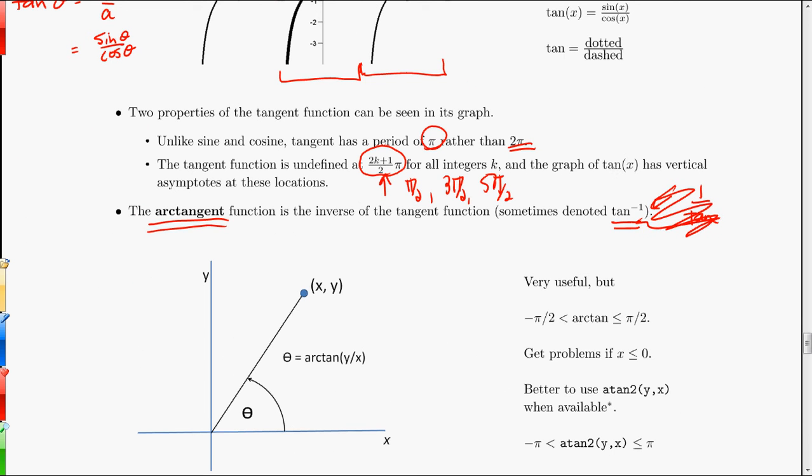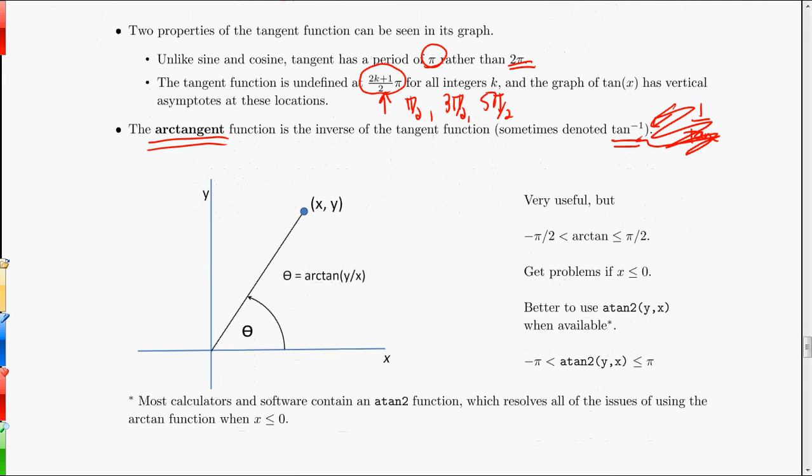And what that means, so it's useful for this. Suppose I know where a point is in the xy Cartesian plane, and I want to know what this angle theta is. Well, if I just draw this triangle, then this value here is x and this value there is y.